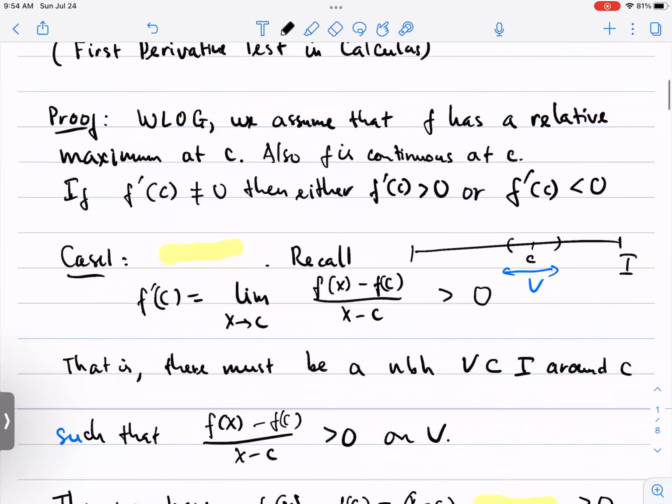We consider the first case, when f prime of C is bigger than 0.